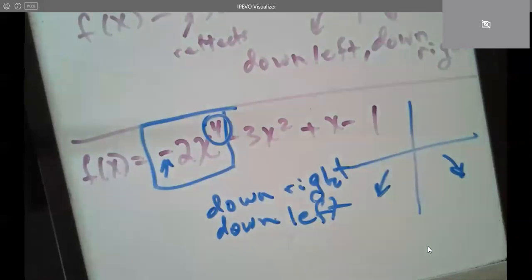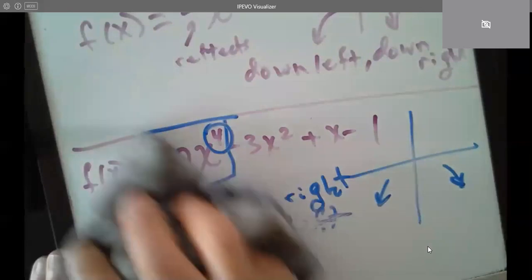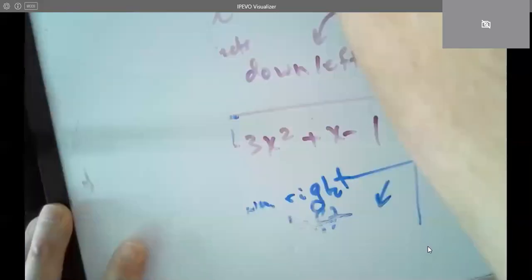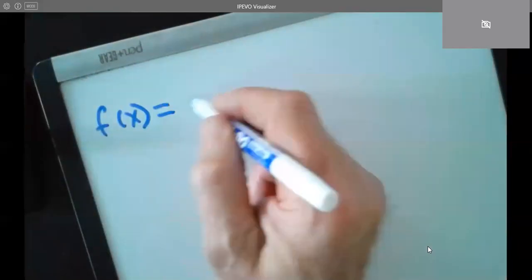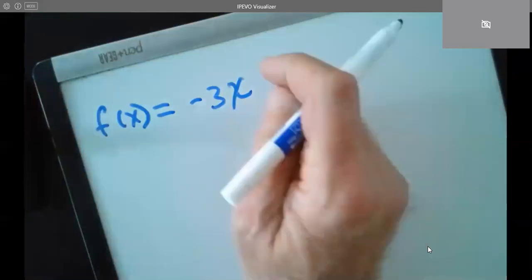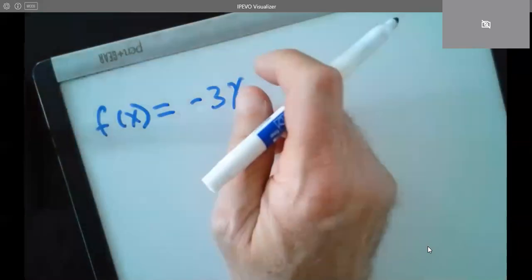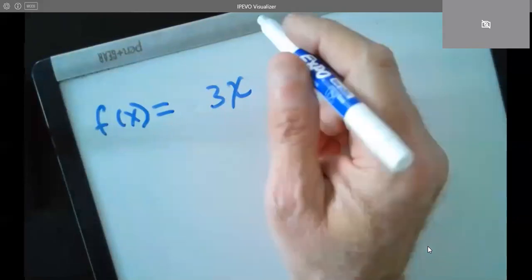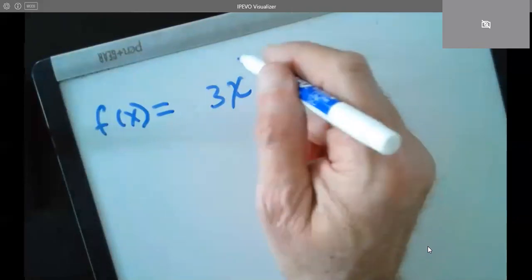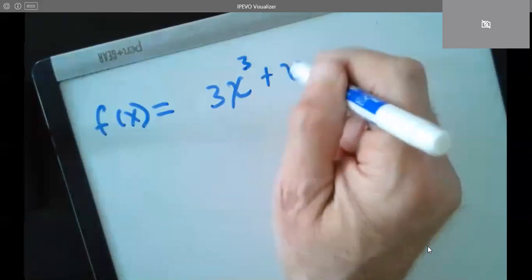So let's say, now this wasn't on the slide, but let's say we have f of x equals, I'll make it positive, instead of 3x squared, let's make that 3x cubed plus x minus 2.